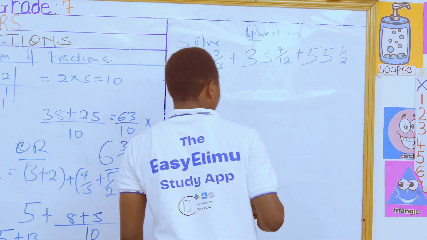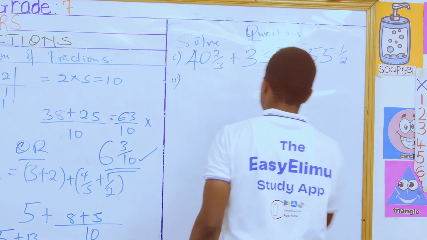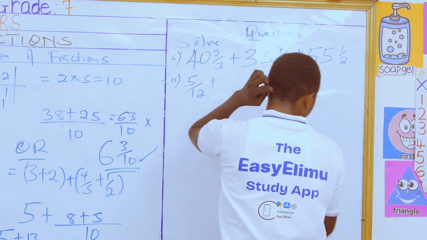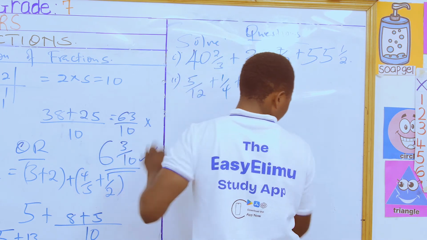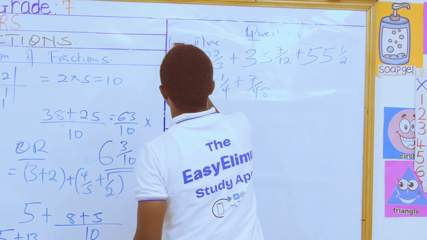Roman 2, you can have 5 over 12 plus 1 over 4 plus 7 over 48. That was number 1.